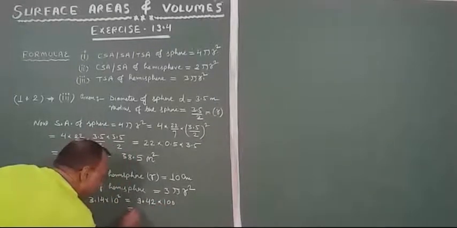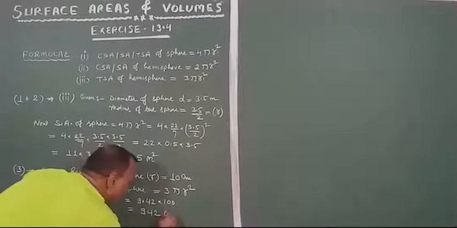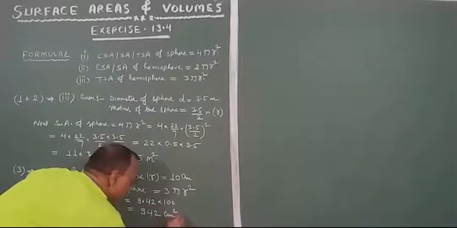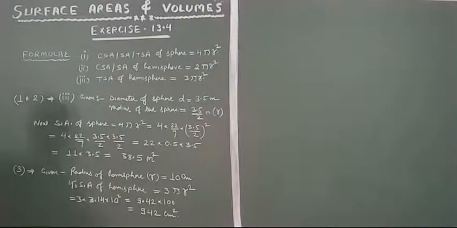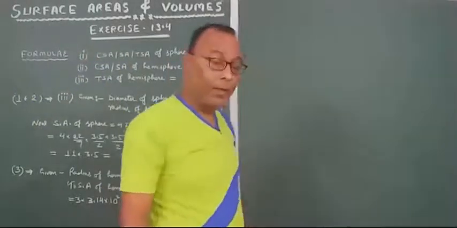When you multiply them, you will get 942 centimeter square. The total surface area of the hemisphere will be 942 centimeter square.